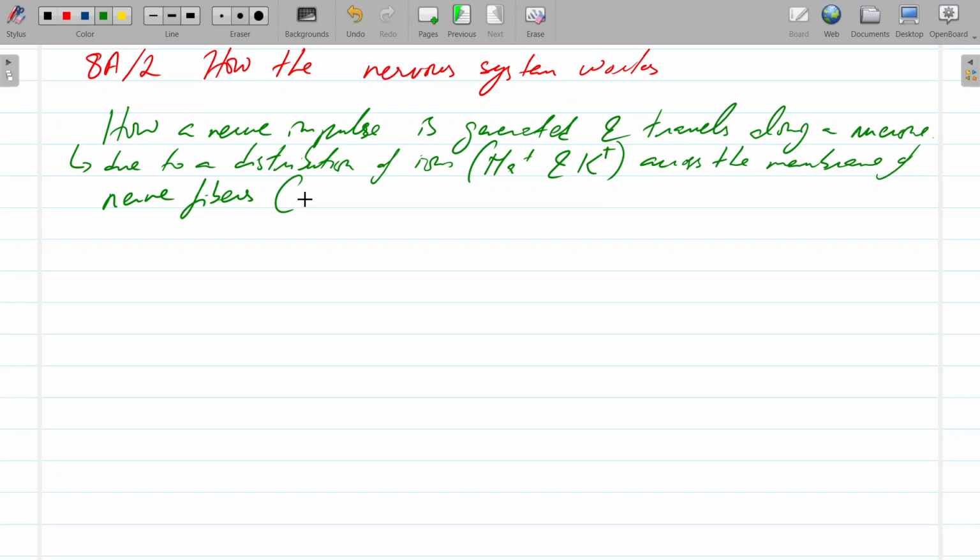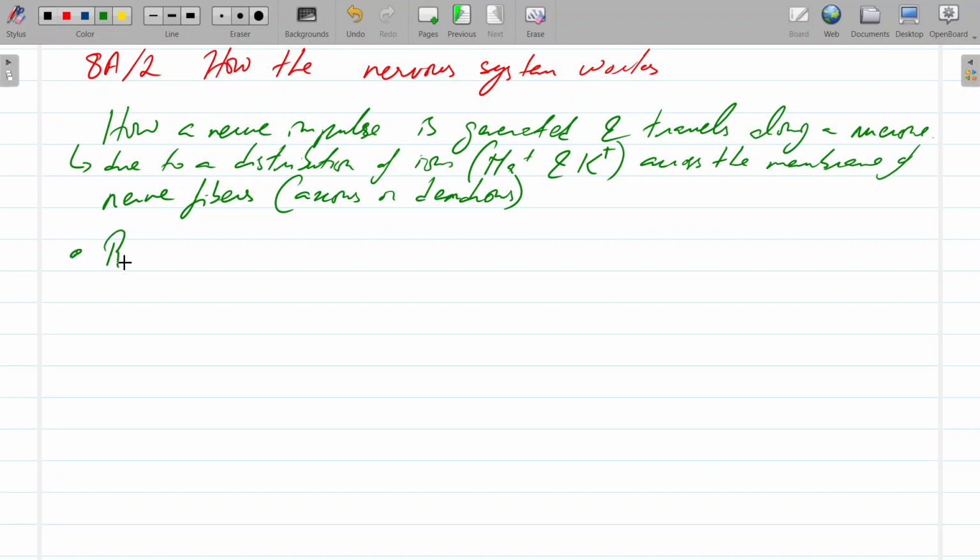And I say nerve fibers because these can be axons or dendrons. Axons are the ones that are moving away from the cell body, and dendrons are ones that are moving towards the cell body. And so you have the different phases.